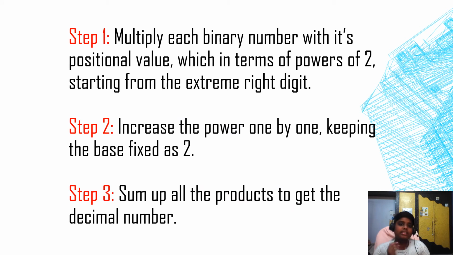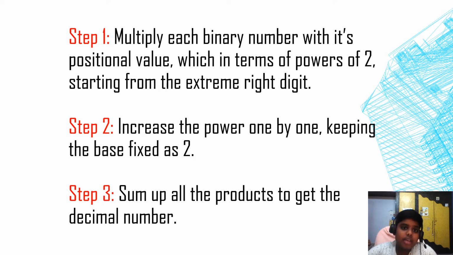Step 1 is that you have to multiply each binary digit with its positional value, which is in terms of powers of 2, starting from the extreme right digit. Now in the decimal number system, we multiplied each digit with 10 to the power of 0, 10 to the power of 1, 10 to the power of 2, etc. Right?